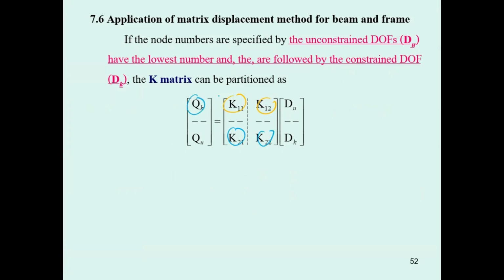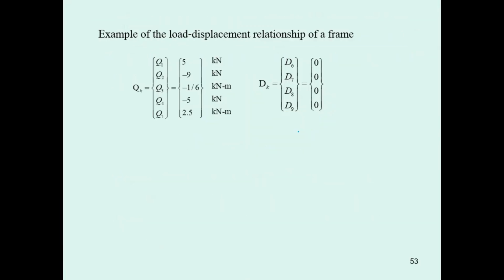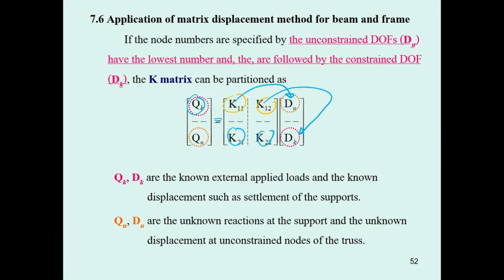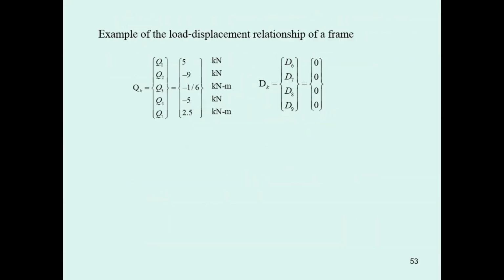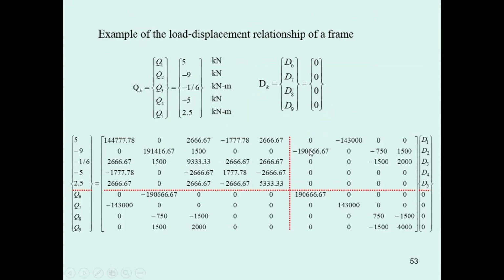And then Q sub K equals K11 D sub U plus K12 D sub K. Following the same as we did, Q sub U equals K21 D sub U plus K22 D sub K. Do the same calculation as before. Going back, try to do the matrix manipulation for this PowerPoint.